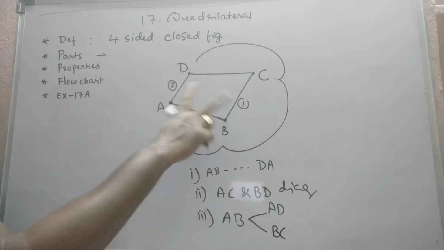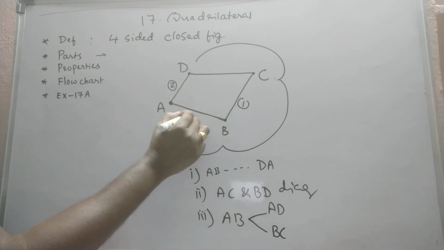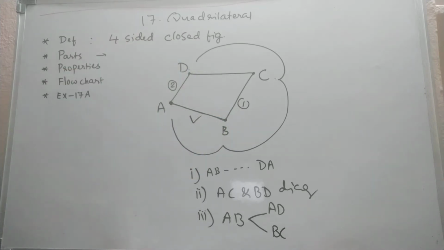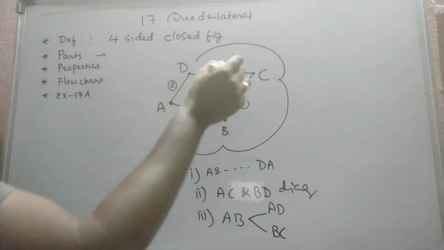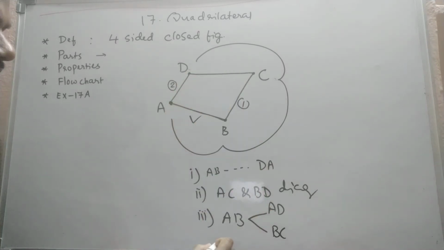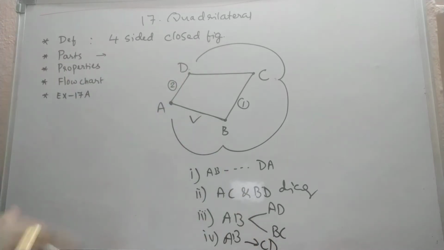These 2 neighbors are adjacent to side AB, and CD, which is not a neighbor, is called the opposite side. Fourth, AB and CD are the opposite sides. Similarly, AD and BC are the opposite sides.